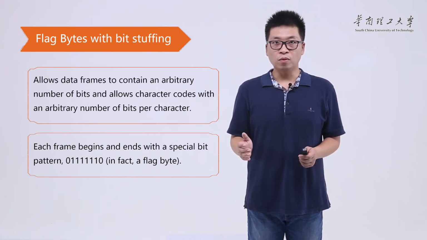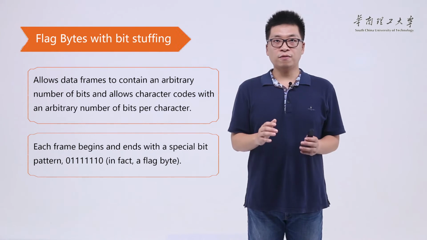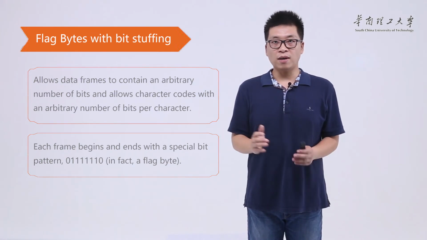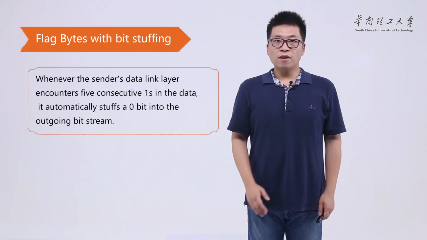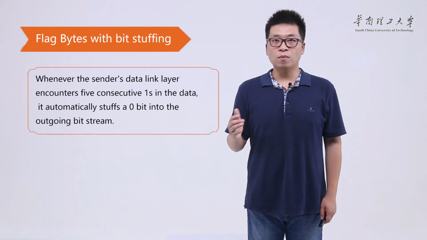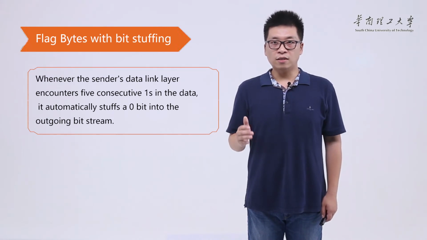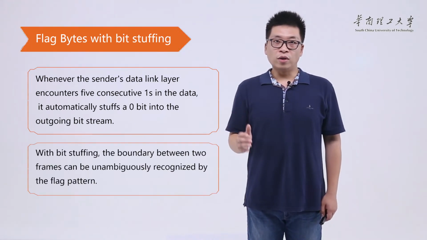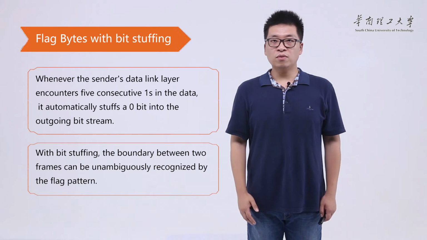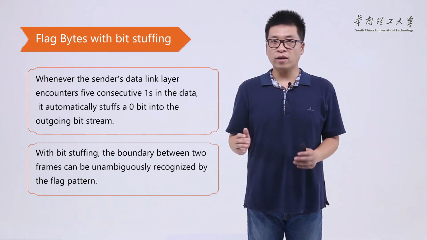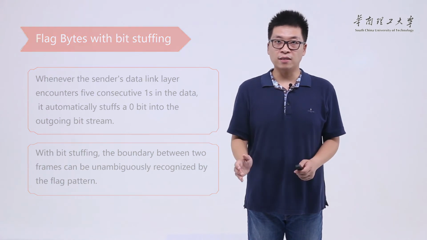In this example, we use 0, 6 ones, and 0 as the special pattern. Whenever the sender's data link layer encounters 5 consecutive ones in the data, it automatically stuffs a 0 bit into the outgoing bit stream. With bit stuffing, the boundary between 2 frames can be unambiguously recognized by the flag pattern.